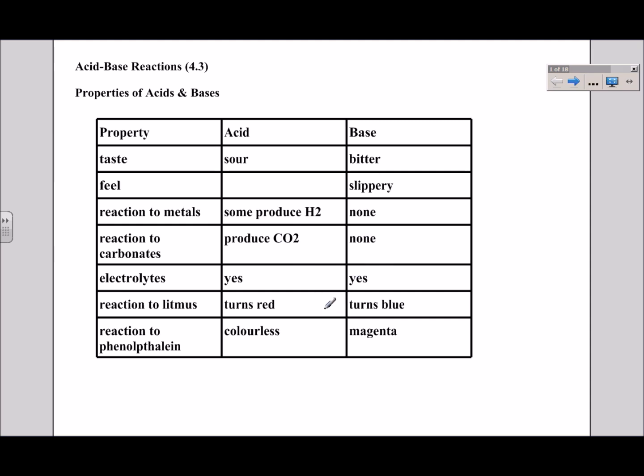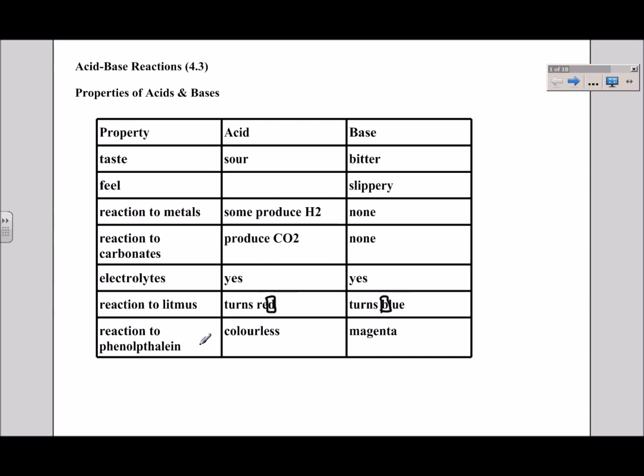Acids and bases are also identified using indicators. You may have worked with litmus before, and litmus turns red in the presence of acids and turns blue in the presence of base, which we can remember with the acid ending in D and red ending in D, and base beginning in B and the word blue.